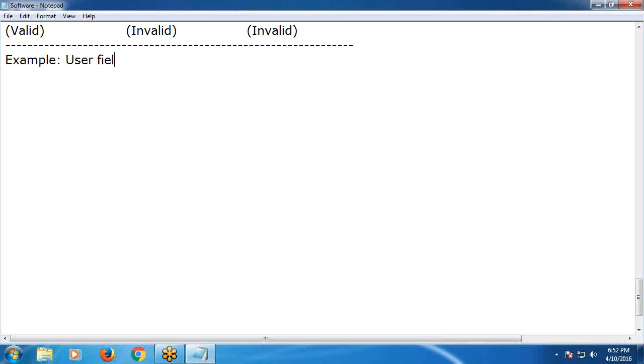The user ID field accepts 10 to 20 characters long alphabets or alphanumeric data.